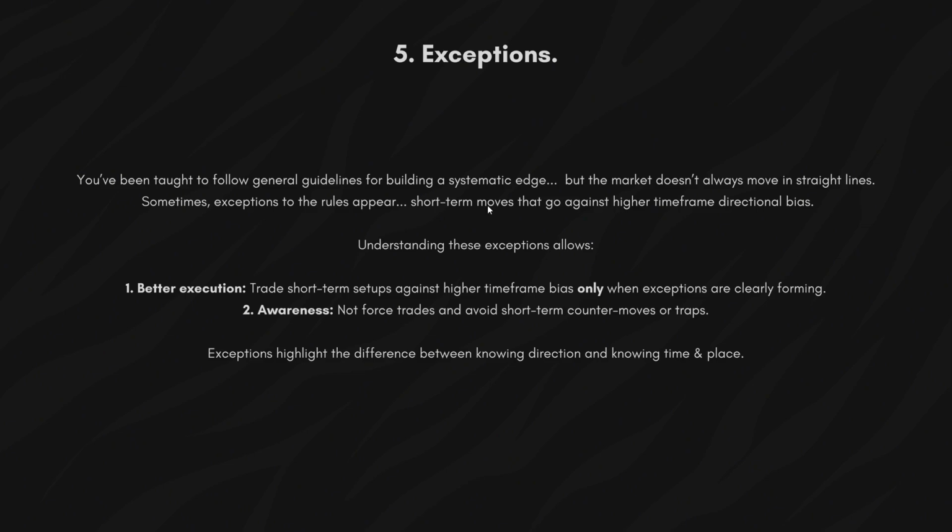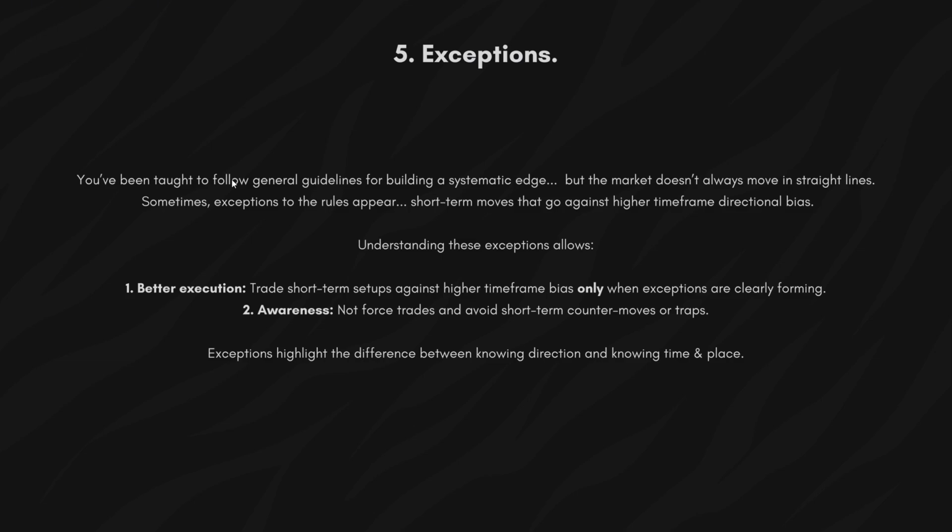Now, a common example of this would be that, let's say, the higher time frame directional bias for the week is bullish. The drawn liquidity on the weekly time frame is higher. And for the past 4 days, from Monday till Thursday, price has continued to trade higher.